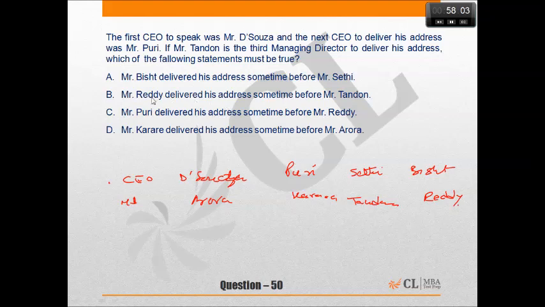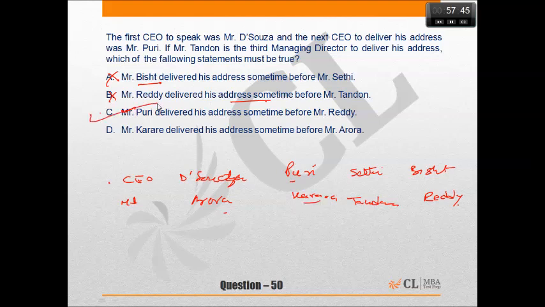Mr. Bisht delivered his address sometime before Sethi. Now Bisht is the last person, and Reddy is also the last person, so that is ruled out. Puri delivered his address before Reddy. This is fine, should be the answer, but let me look at the other one. Karare before Arora? Karare is after Arora.